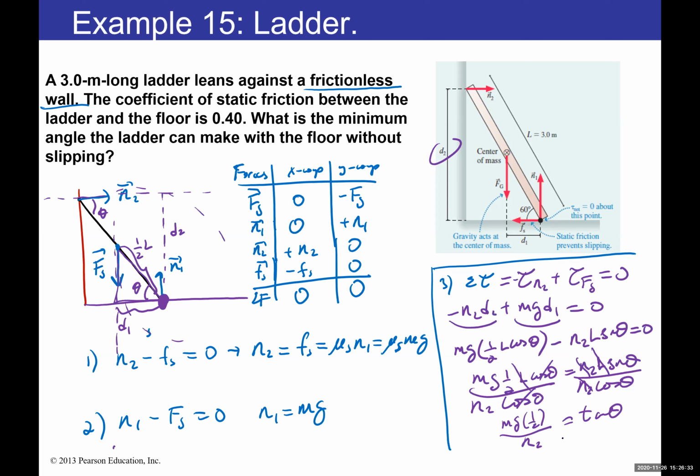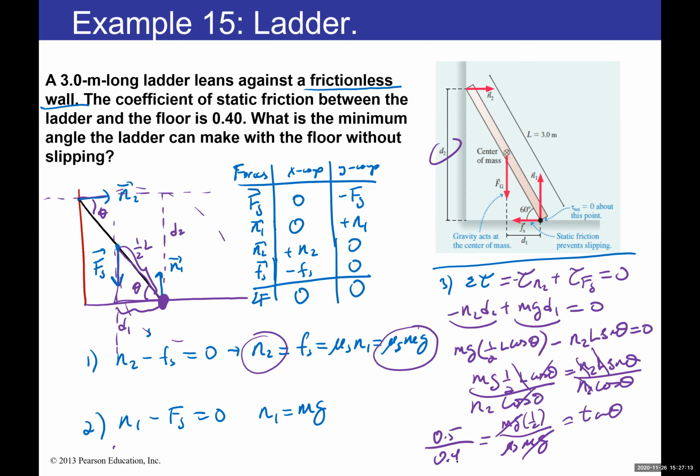Going back and remembering that N2 is mu s mg, I can rewrite N2 as mu s mg, which means mg and mg cancel out completely. All I have is 0.5 at the top, so it's 0.5 over mu s, which is 0.4.